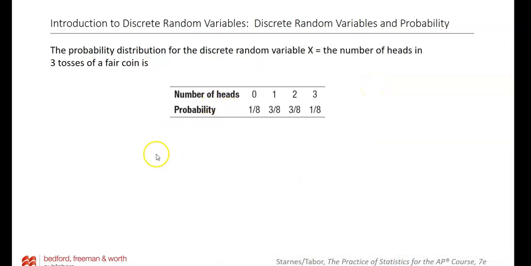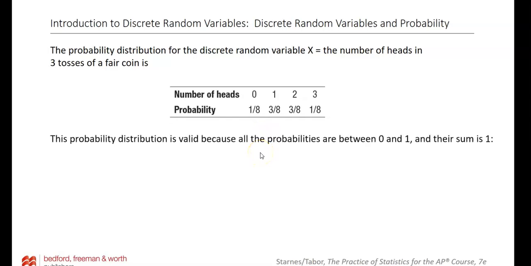You can write out the sample space and see that 1 out of 8 is 0, 1 out of 8 is 3, but 3 out of 8 are the 1s and 2s. So that's where they got that from. They essentially wrote out the sample space and thought about it. Those sum up to 1, and all of them are between 0 and 1. So that's a valid discrete random variable there.